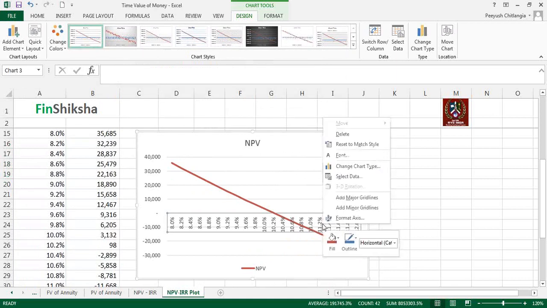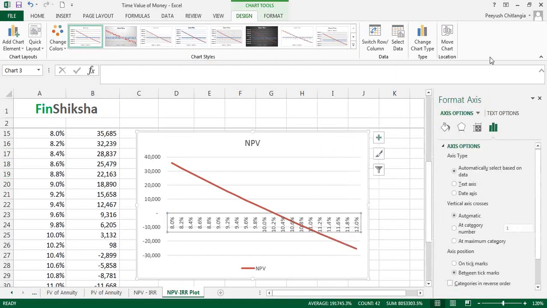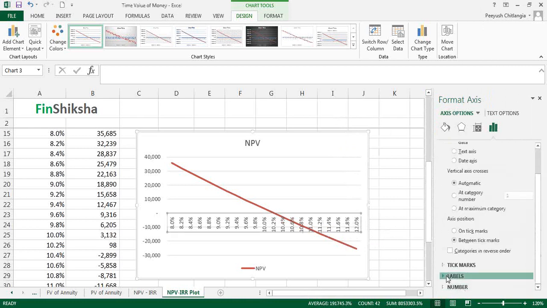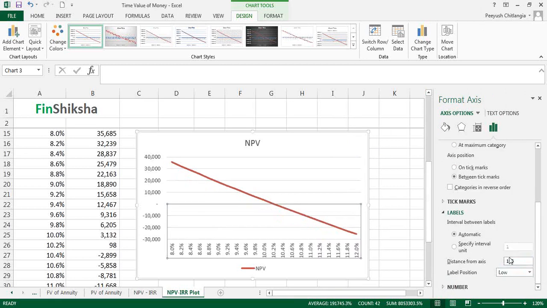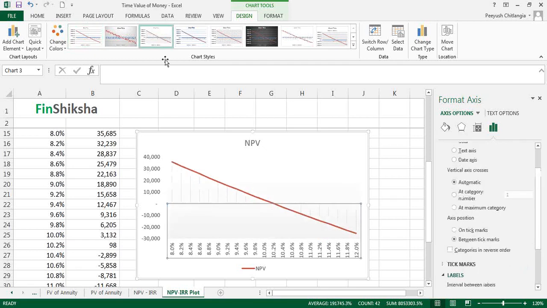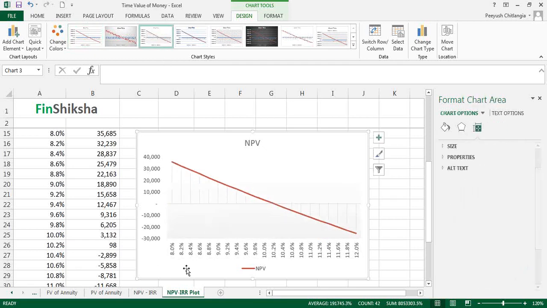I'll do some more changes here. Format the axis. I want the axis so that it gives me the axis option, and the labels are low. They are not next to the data, and then I can select one of these parameters here, which displays it slightly better.